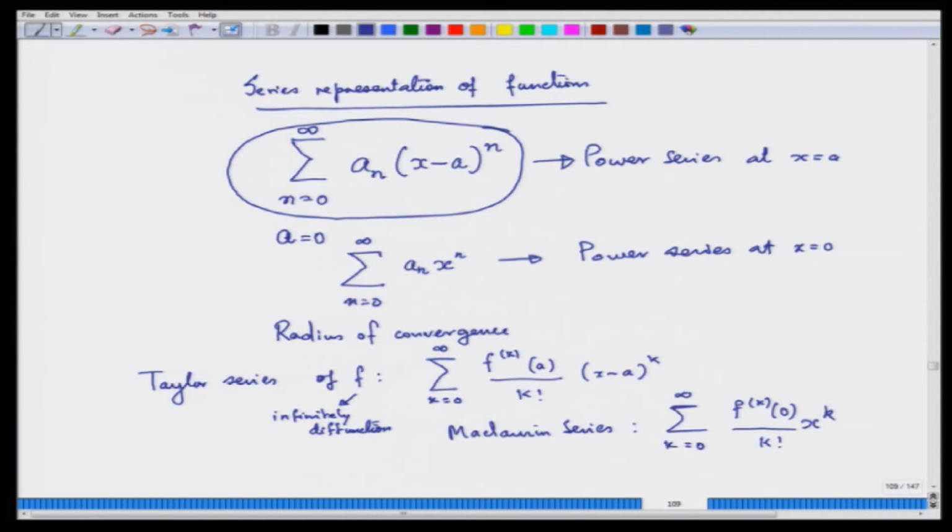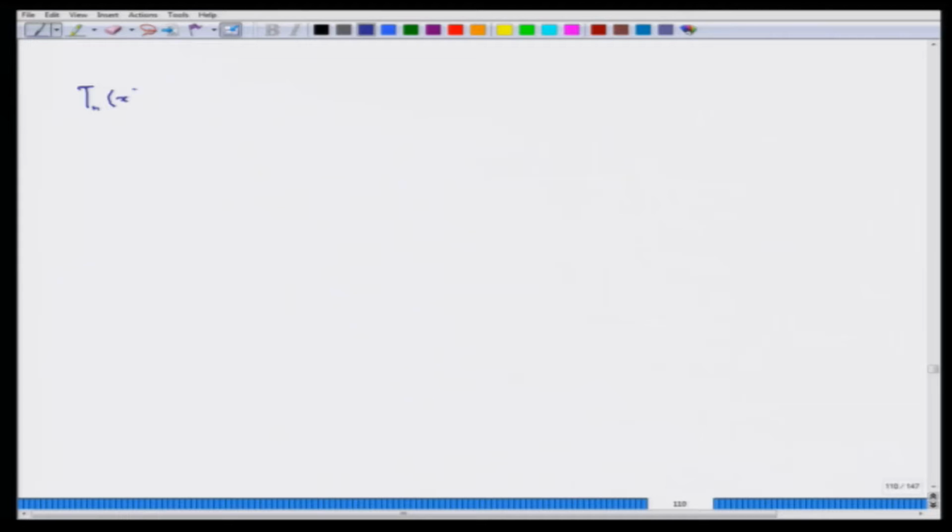Now, what does this essentially mean? How do I find the Taylor series? What we know about Taylor is the Taylor polynomial. The Taylor polynomial of order n is given at, say, the point a.